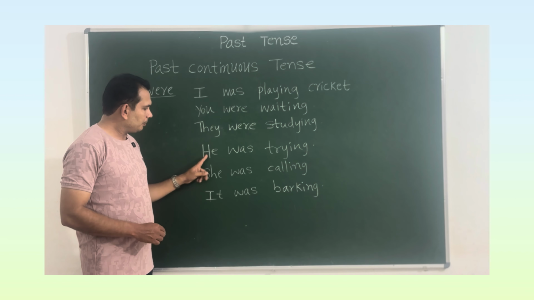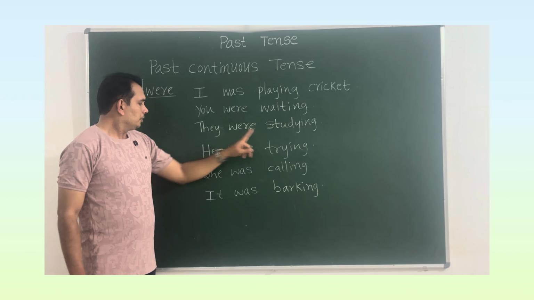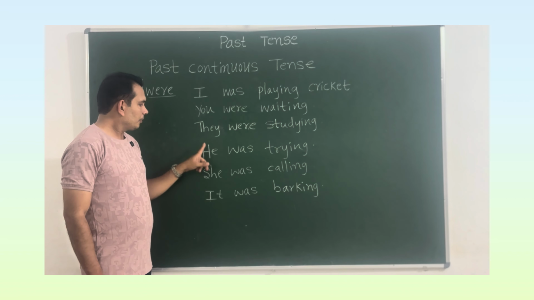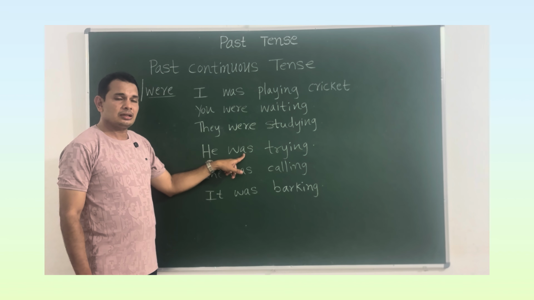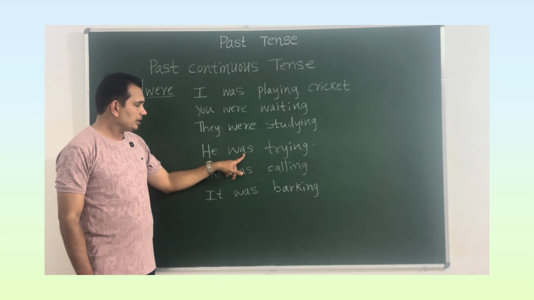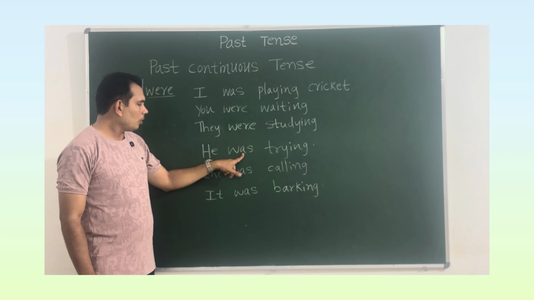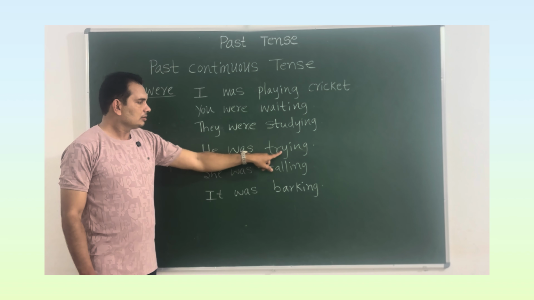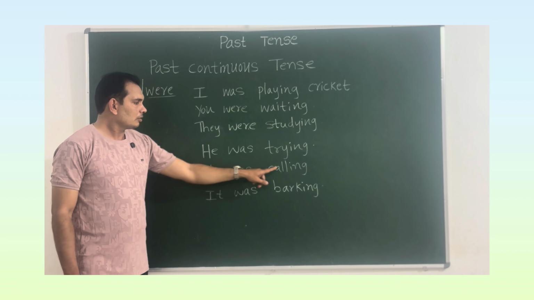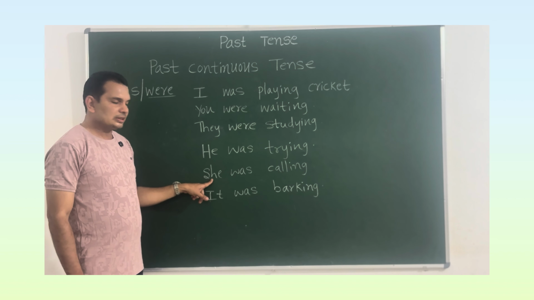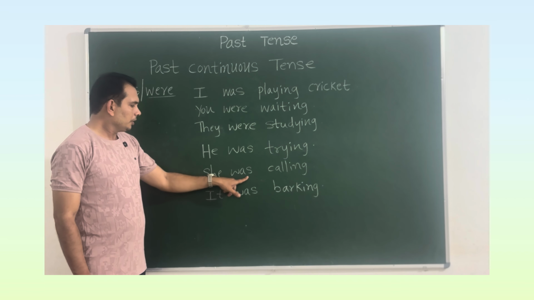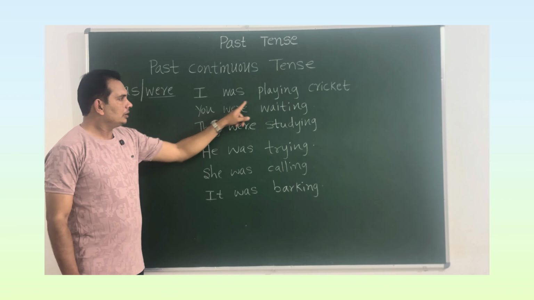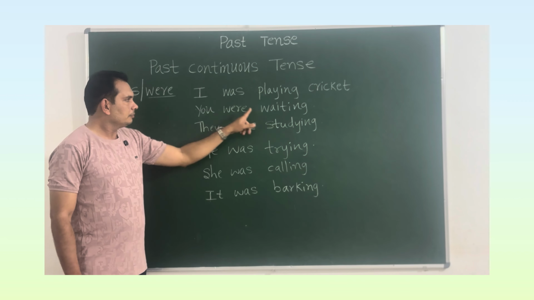Moving on to the next example, he was trying. When the subject is he, we use the auxiliary was. In the present continuous tense, we use the auxiliary is in place of was. He was trying. She was calling. When the subject is she, we use the auxiliary was. We can't say she were calling or she were waiting.